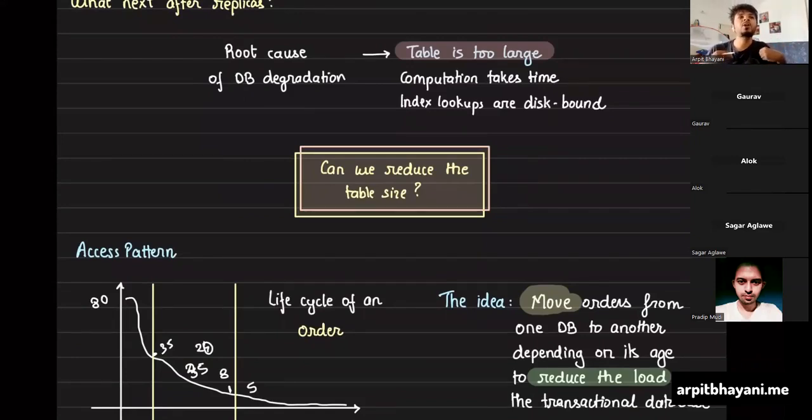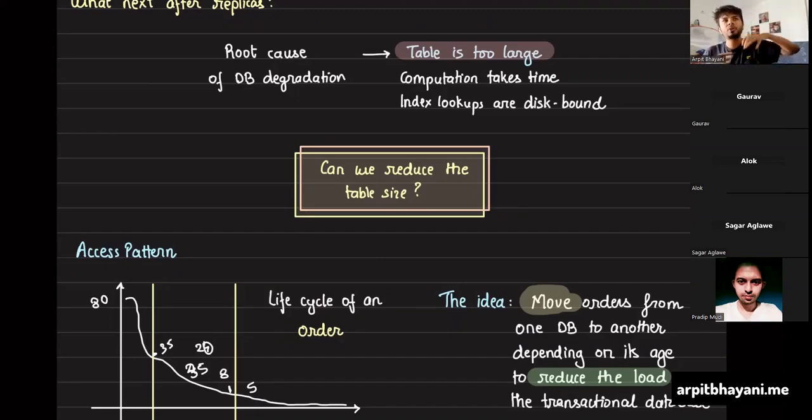Why is your DB not able to handle the load? One crude optimization you can do is to ask: whatever data I have in my database, am I accessing all of it? Do I need all of the data to be present in my main transactional database? This is the question we need to ask, because, let's say you have an orders table.